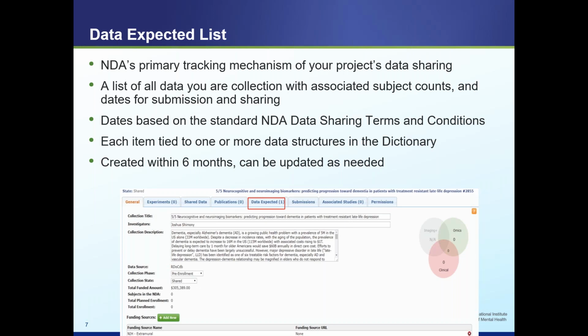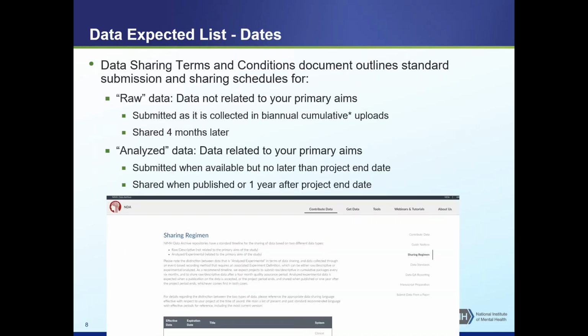And as I mentioned before, we recommend doing it within 6 months after you start. The sooner you do this, the better, because this is also the mechanism through which harmonization is constructed. So, as you go and create this list, we're going to be working with you, and that's how this process is initiated and worked out.